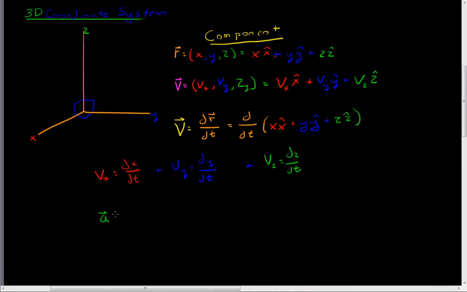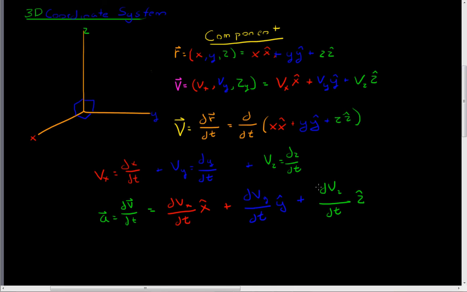So our acceleration is equal to the change in velocity over the change in time, which is equal to the change in the velocity of the x component with respect to time, x hat, plus the change in velocity in the y component with respect to time, y hat, plus the change in velocity in the z component with respect to time, z hat.